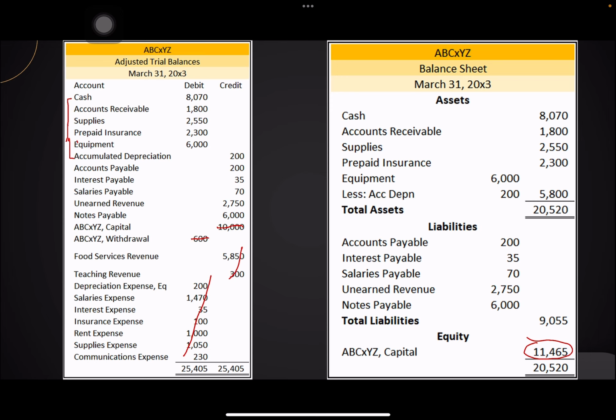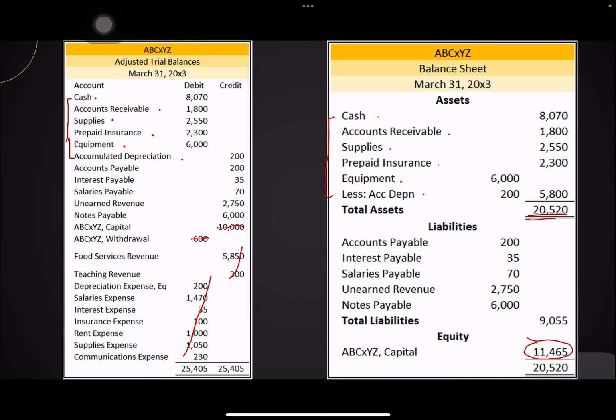Again, accumulated depreciation is a contra asset account, and this should be displayed under the asset section of your balance sheet. So you would expect that there are 6 accounts listed here. 1, 2, 3, 4, 5, 6. So the total of your assets was marked as 20,520.